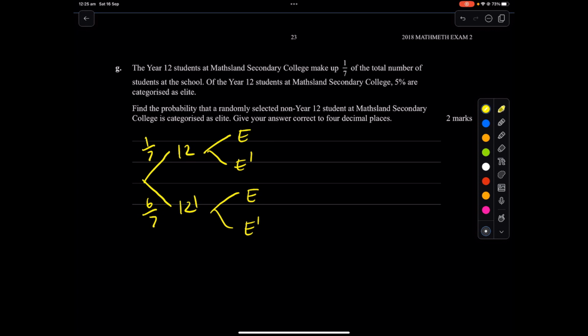We also know that of the Year 12 students, 5% are categorized as elite. So we can say that's 0.05 and this is 0.95, and we don't know the other ones. We want to find the probability of a non-Year 12 student intersection elite.